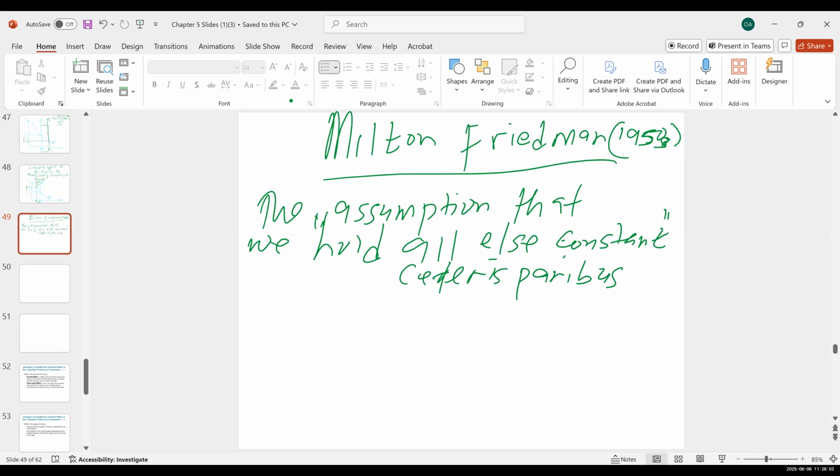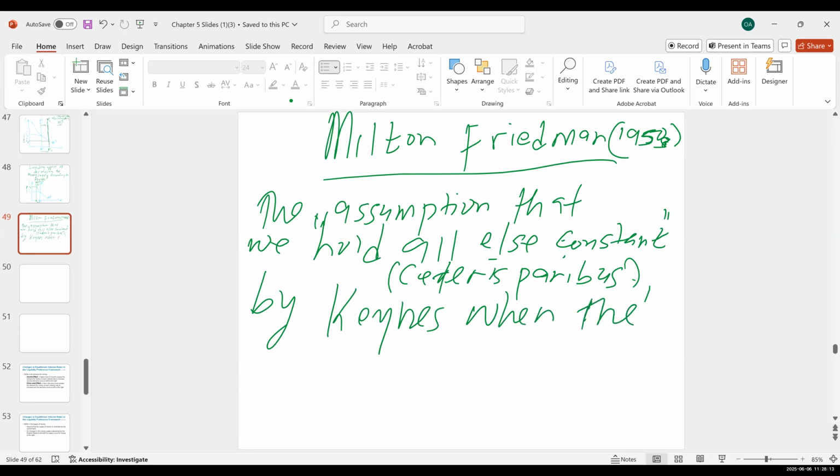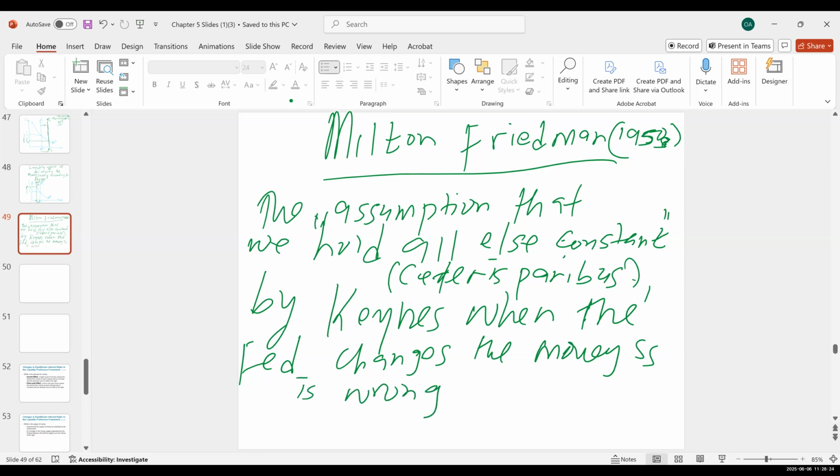So the assumption that we hold everything else equal, or ceteris paribus, by Keynes, when the Fed changes the money supply, is wrong because money affects so many other variables in the economy.